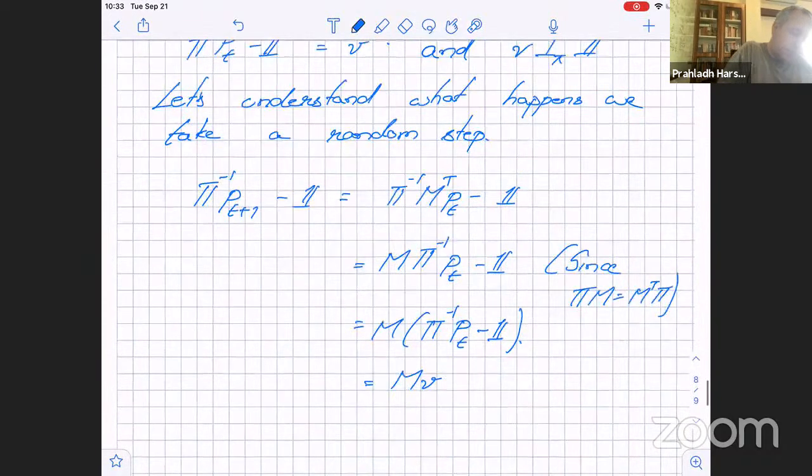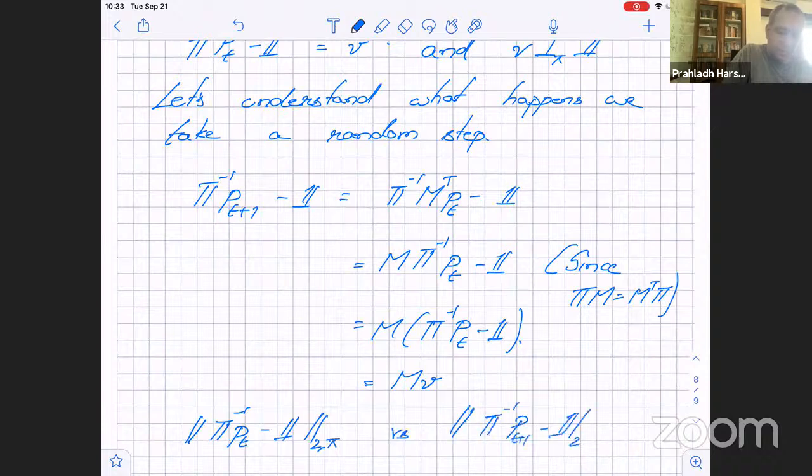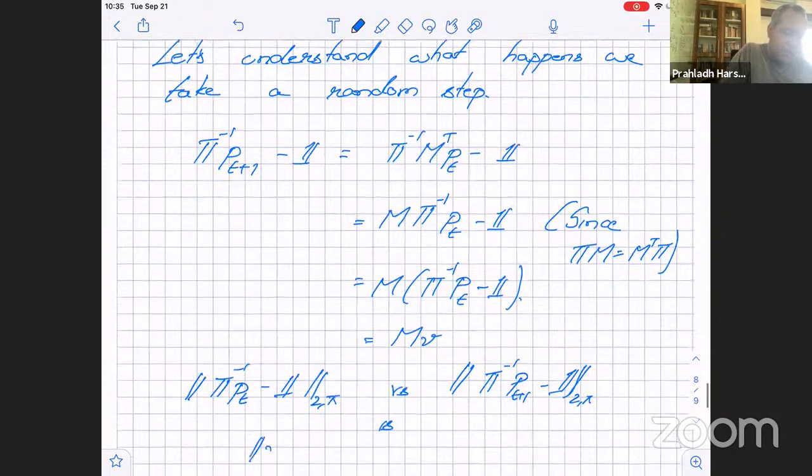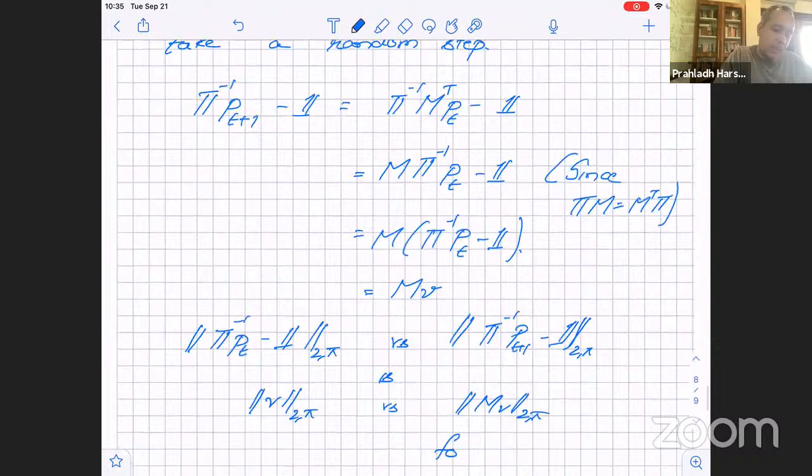Therefore, what we wanted to study, the 2 norm of π⁻¹p_t minus 1 versus the 2 norm of π⁻¹p_{t+1} minus 1, is just the 2 norm of v versus the 2 norm of Mv, for some v which is orthogonal to the all ones vector.